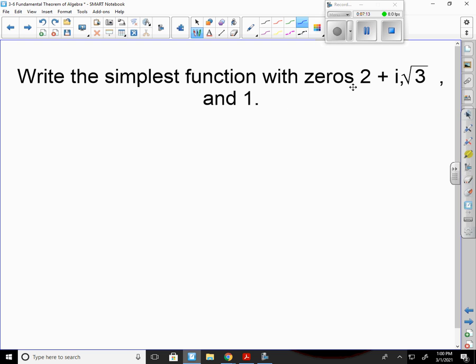The easiest way to write out the beginning is the fact that I have the x minus 1, x minus square root of 3, and then my 2 plus i is where it gets a little more complicated. Now, having my square root of 3 in here, I'm not going to want to multiply that either.